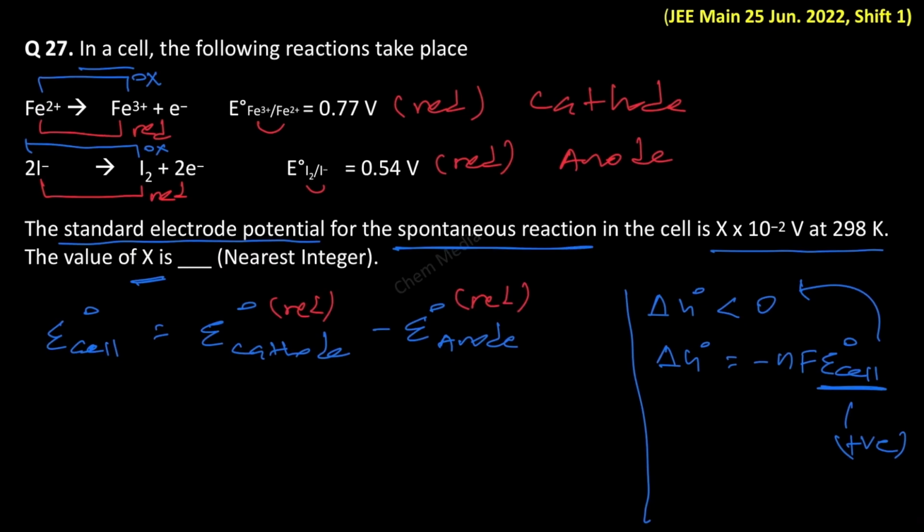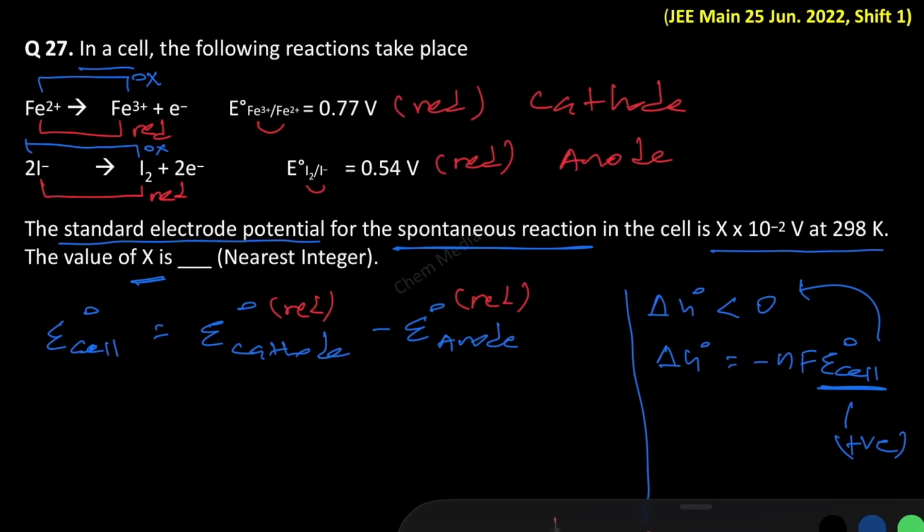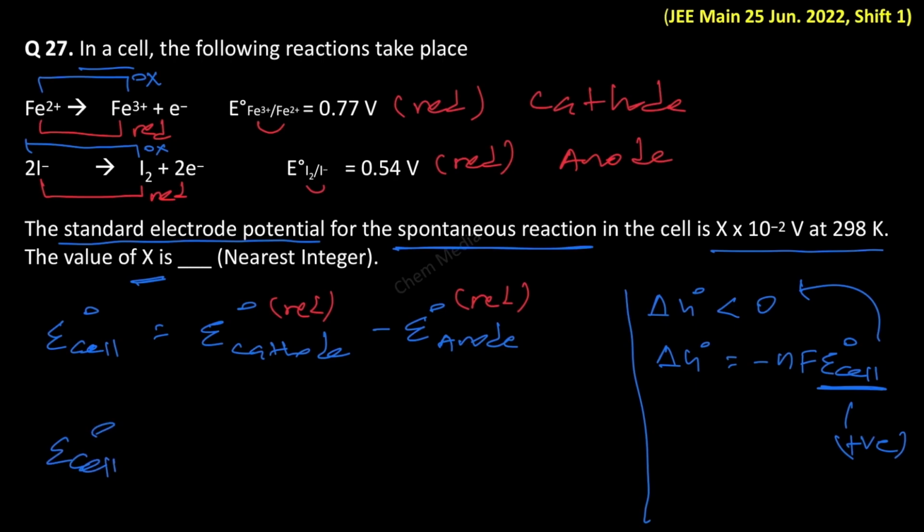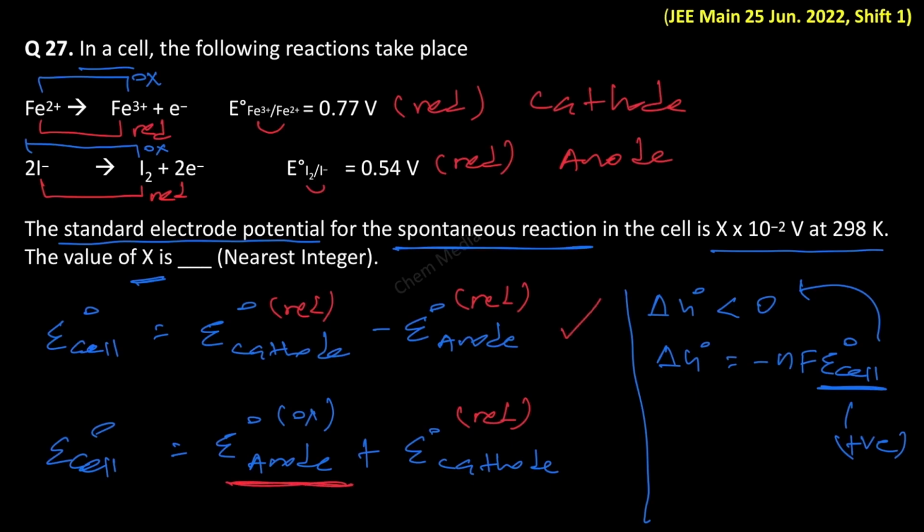Sometimes people use this equation also, where Ecell standard is equal to Ecell standard of the anode oxidation plus Ecell standard of the cathode reduction. Now, I prefer to use this equation because using this equation means that you have to change the sign.